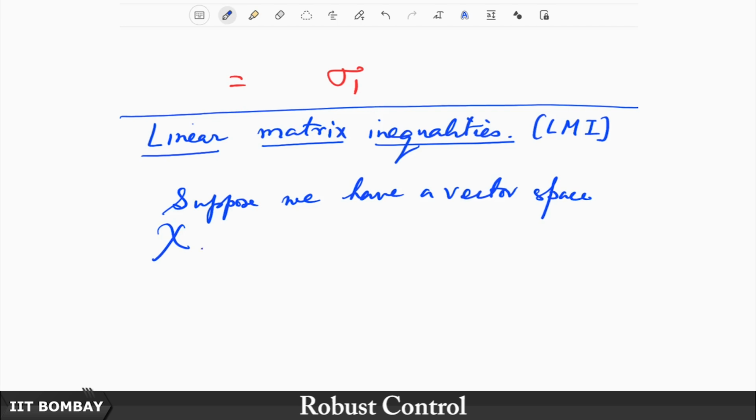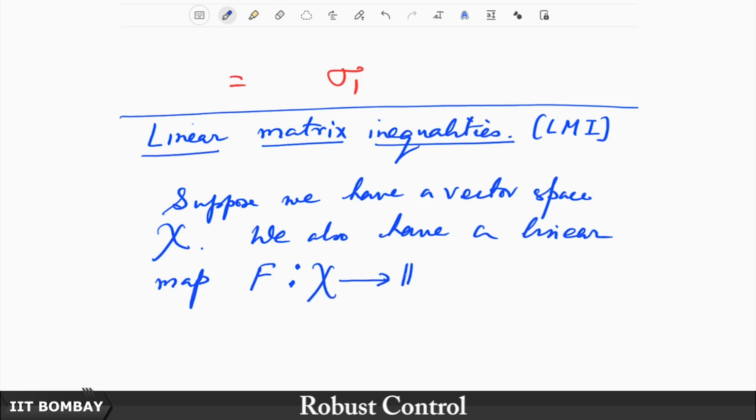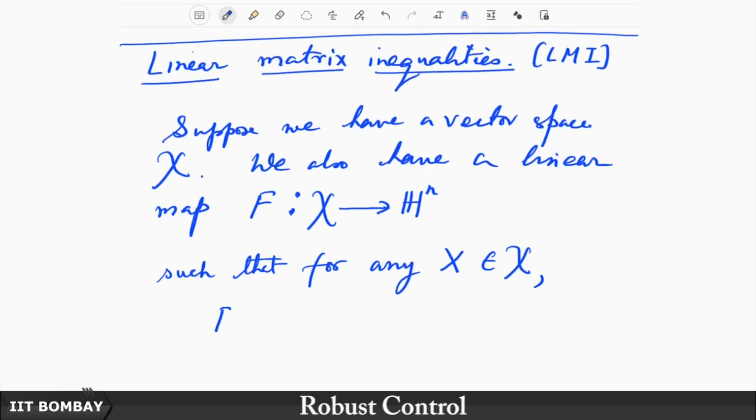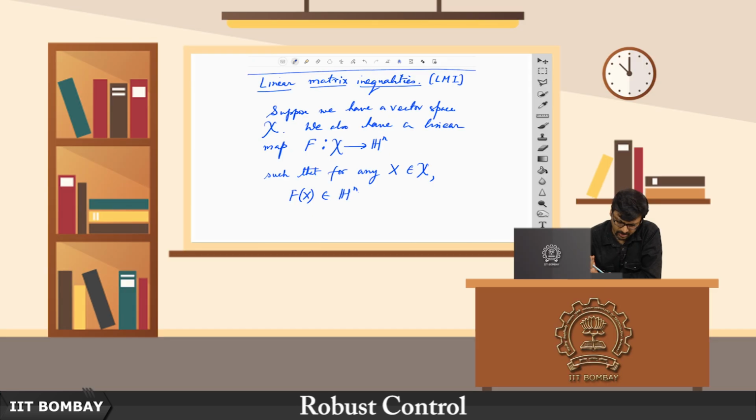Suppose we have this vector space, and we have a linear map F from this vector space to the space of Hermitian matrices, such that for any x belonging to this vector space curly X, Fx belongs to the space of Hermitian matrices. Straightforward so far.